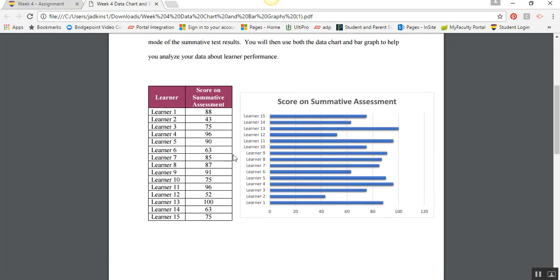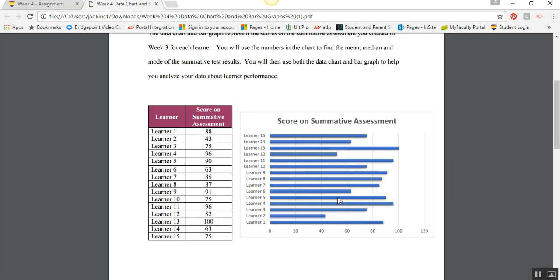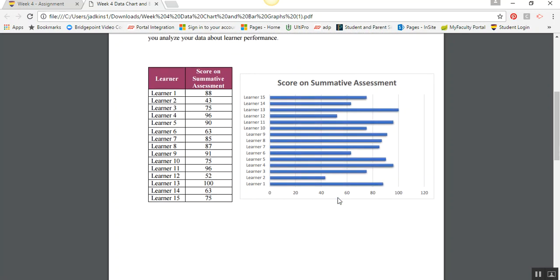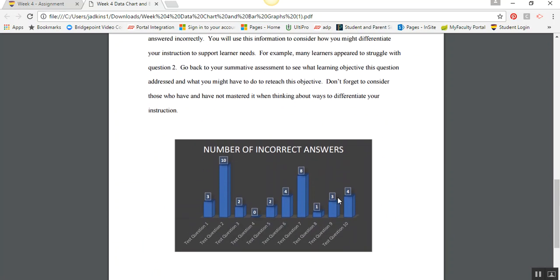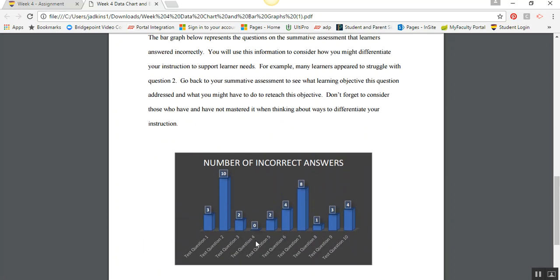So when you go back to that chart, examine how you think students did overall. You can point out specific learners. And here is another graph that's broken up by the 10 questions that you developed. Again, this is all hypothetical, and it shows the number of incorrect answers. If we look at this, test question number 2 received a high number of incorrect answers.